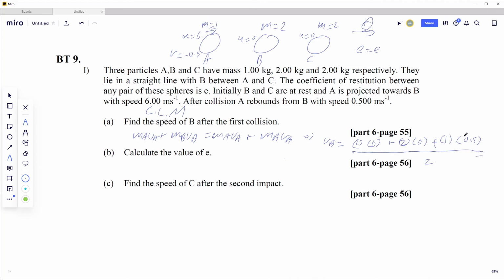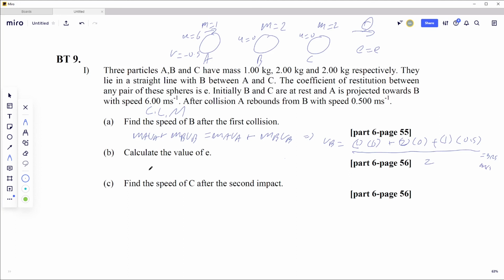Let's see what you get. So 6 plus 0.5 over 2 equals 3.25 meters per second.